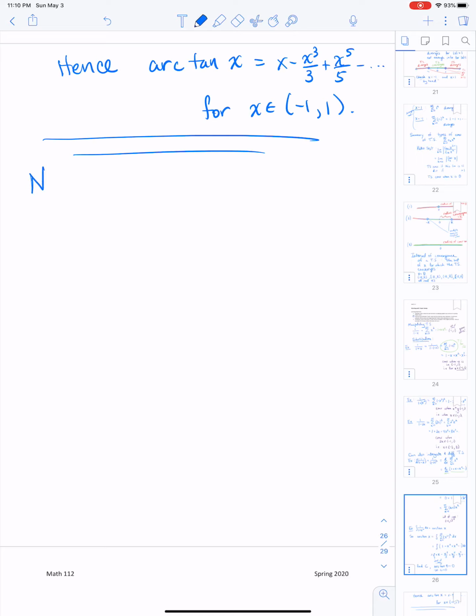So notice that arctan of 1 is equal to pi over 4, right? The angle with a tangent of 1 is pi over 4, right? So that's the angle where we have a triangle with the two sides here of equal length.